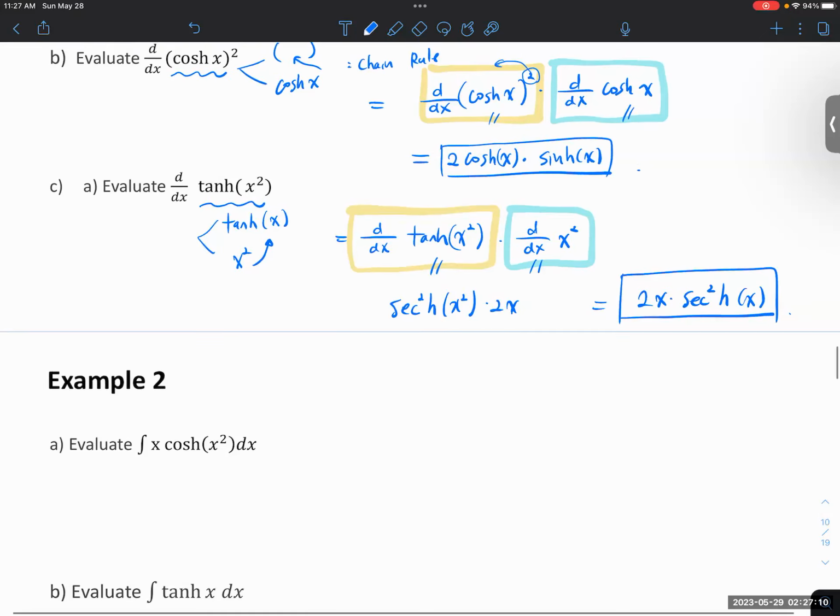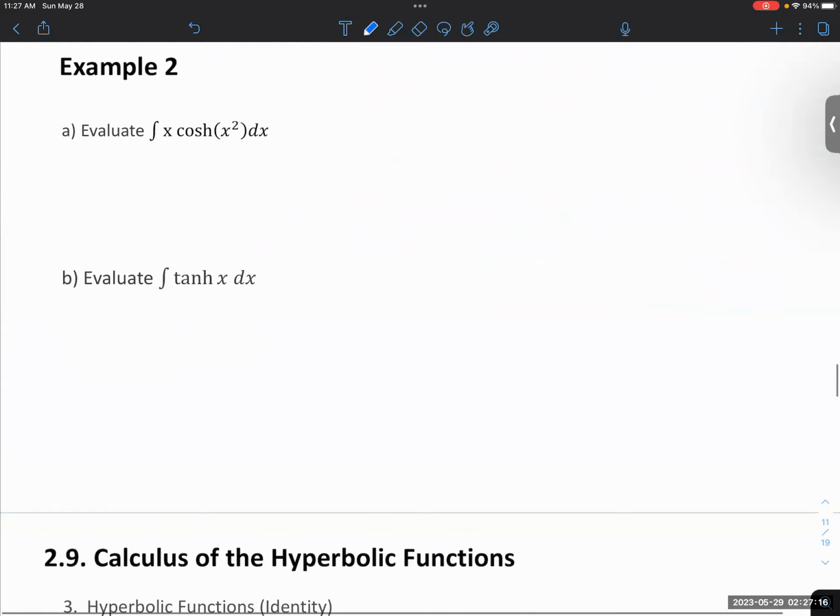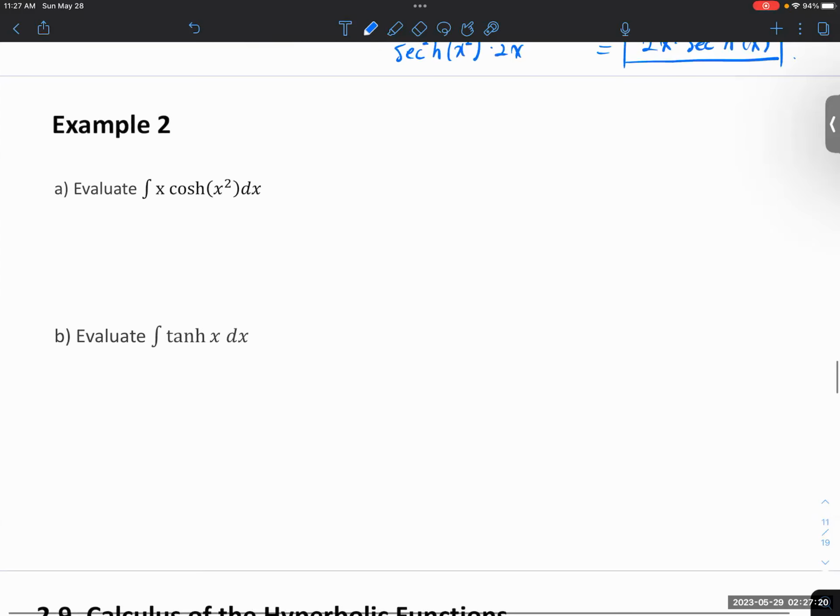So next one, let's take an integral, the antiderivative. Let's take a look at it. This is an integral, not differentiation. So I want to take the integral of x times cosh(x²), two different functions. Think about it, this is very similar to what we did in the previous chapters.